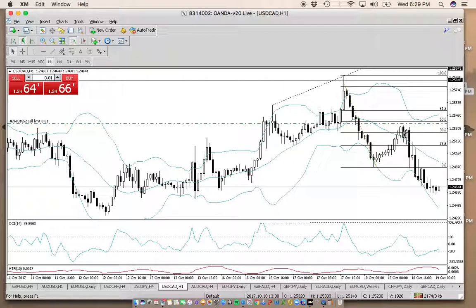It dropped, then it retraced back up to the 38% retracement. Usually the 38% retracement is just a take profit. So usually a lot of people don't enter trades when they're doing retracement off the 38%, unless, and I say a big unless, it forms some type of price action.